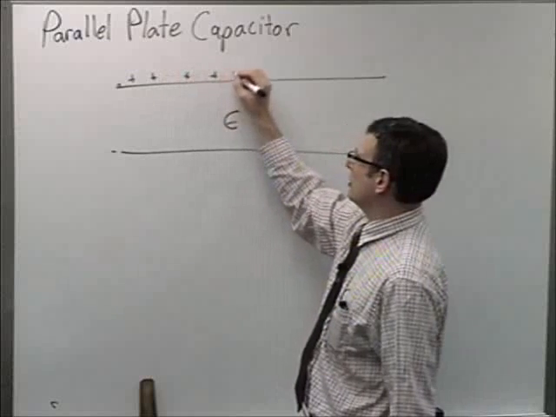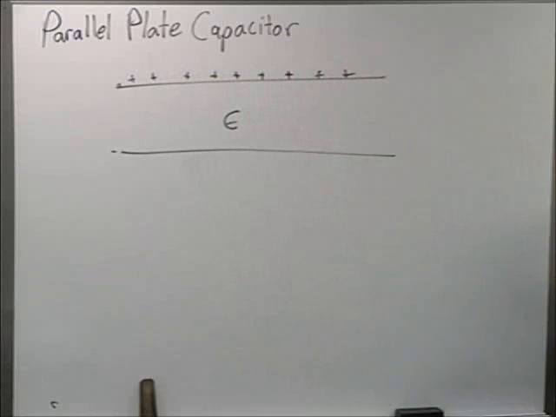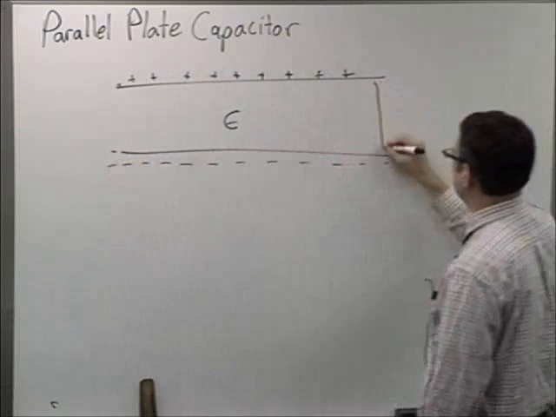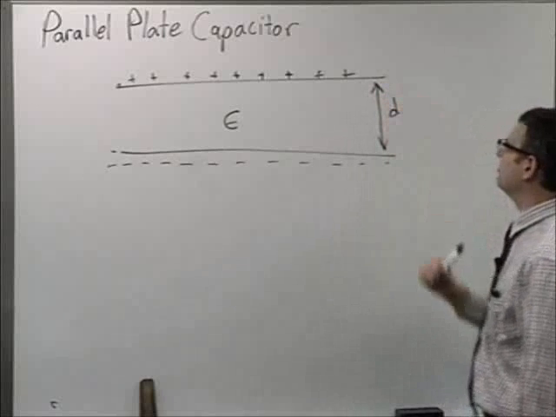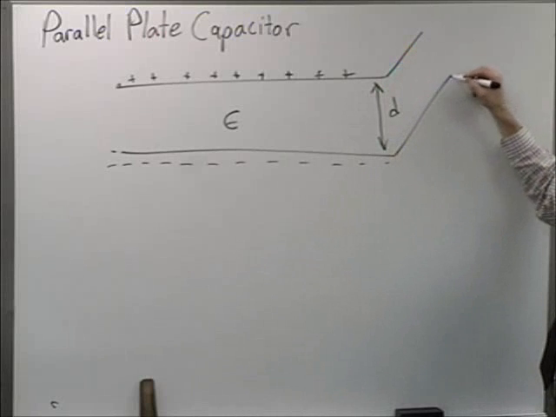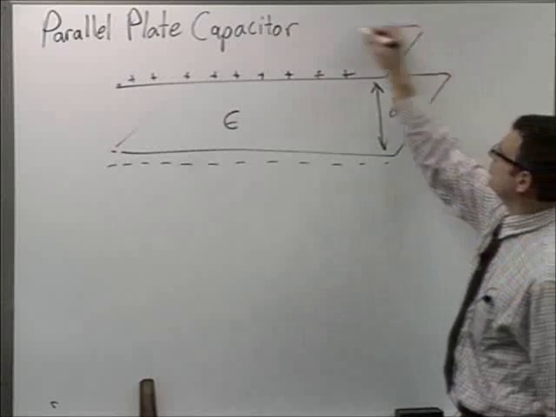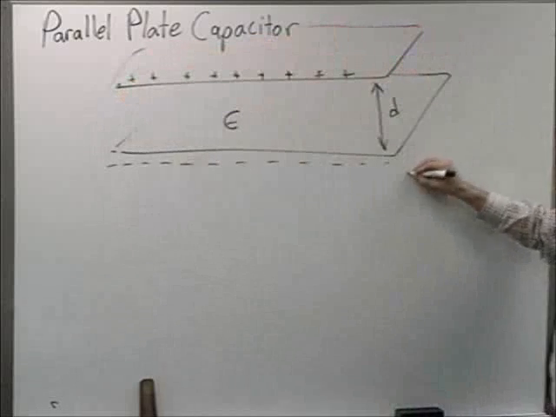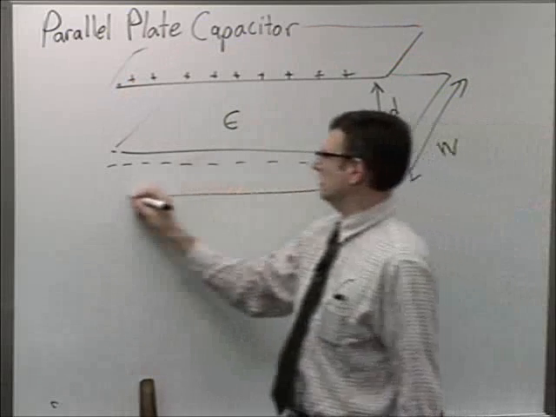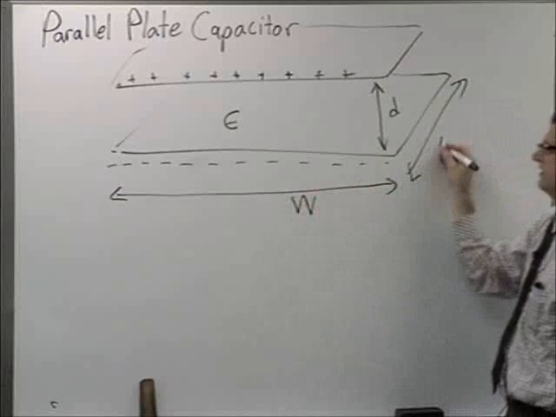And for the sake of argument, we'll put positive charges up here and negative charges down here, a distance d separating the two, and if we wanted to, we could even make this nice and three-dimensional, so sort of make this like width, depth. Actually, I probably got that backwards. Let's call this width, depth.